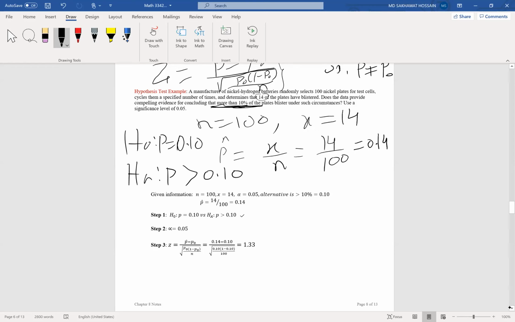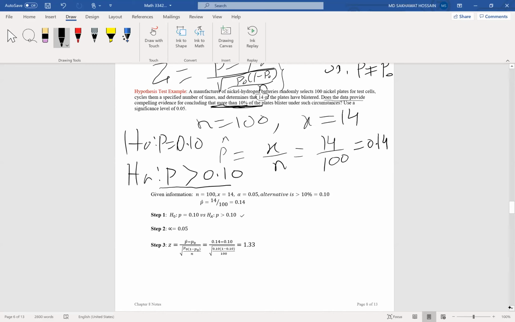Because the question asks: does the data provide compelling evidence for concluding that more than 10%? That means we want to test whether the proportion is greater than 10% or not. So that's why the alternative is P greater than 0.10. Is it clear? Yes. Okay.